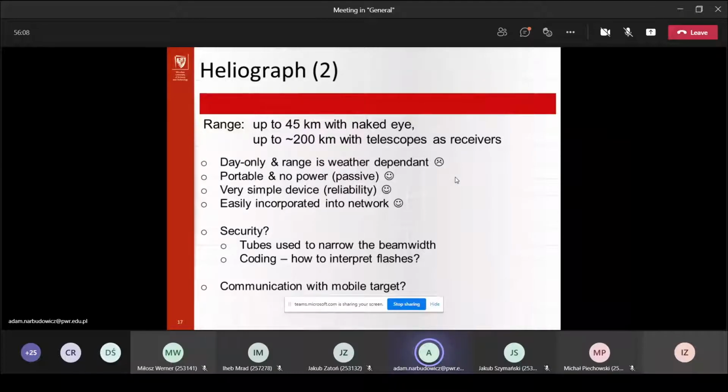You need some tracking system. Yeah, in a way, you need a tracking system. Also, there was the mention of aiming. Obviously, if you have a mobile target, the aiming would be much more challenging and much more difficult, so you need to be much more precise.